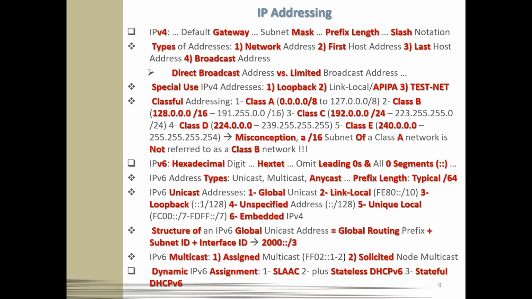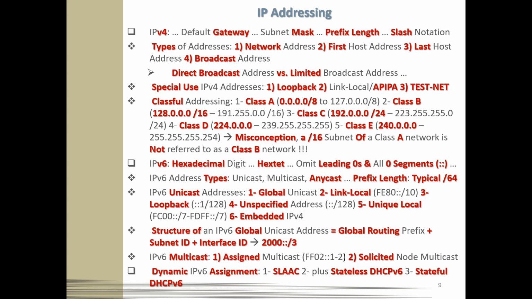We have the last host address or the last usable address. It is formed when the host portion is all ones and ends with a 0 at the end. So we're going to have 192.168.10.254/24 as the last host address or the last usable address for addressing a host.